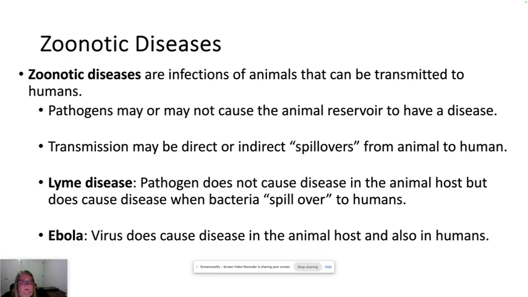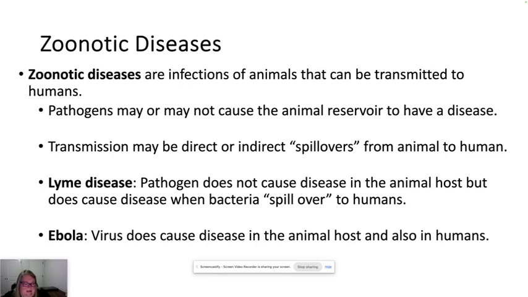Transmission can be either direct or indirect. Sometimes we call the indirect the spillover from animal to human. So zoonotic diseases are a lot of times just found in an animal reservoir until it does jump species and mutate so it can infect humans.